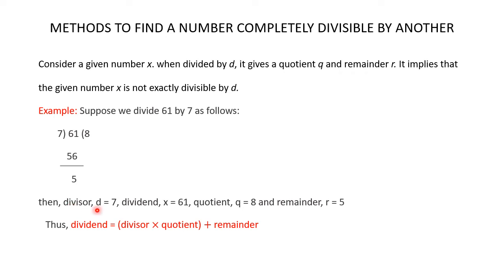Thus, divisor D is 7, dividend X is 61, quotient Q is 8 and remainder R is 5 when 61 is divided by 7. Thus, you get this formula: dividend is equal to divisor multiplied by quotient plus remainder.